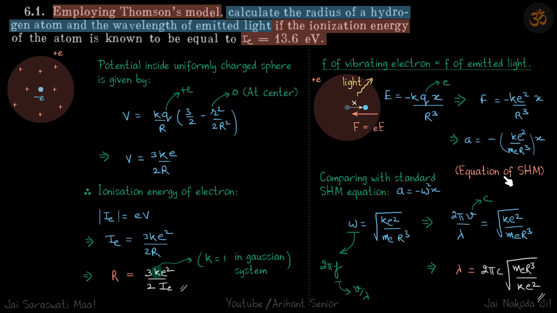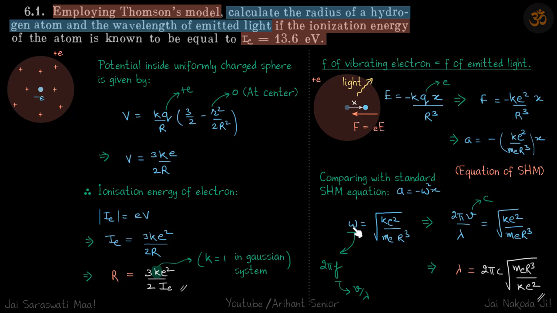Now this is an equation of SHM, and we know our standard equation of SHM is acceleration equal to minus omega squared x, where omega is the angular frequency. Comparing these two, omega in our case becomes root of this quantity. This angular frequency of the electron is the same as the angular frequency of the emitted light.